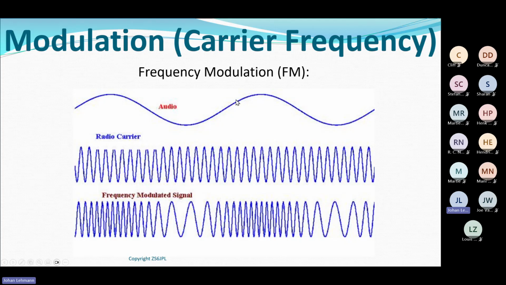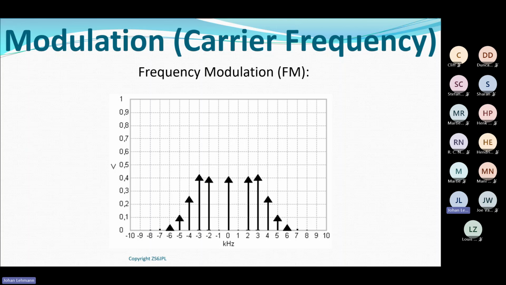So this audio signal is captured in the change of frequency in my modulated signal. Very efficient, and we'll get to that now. This is typically what our frequency modulation spectrum looks like in the frequency domain. We've got all these fingers standing up at frequency. Let's say my carrier frequency was, as an example, 100 megahertz.